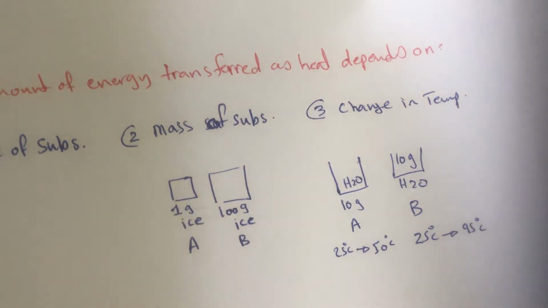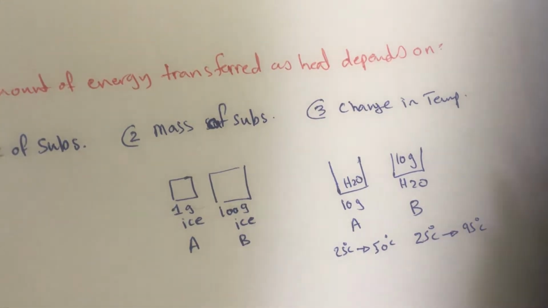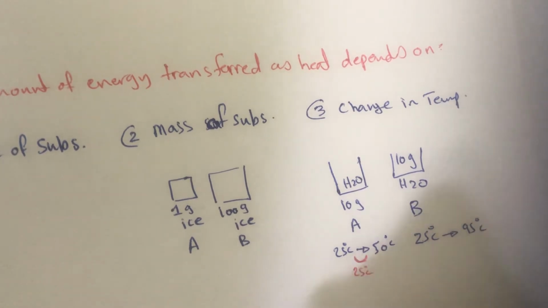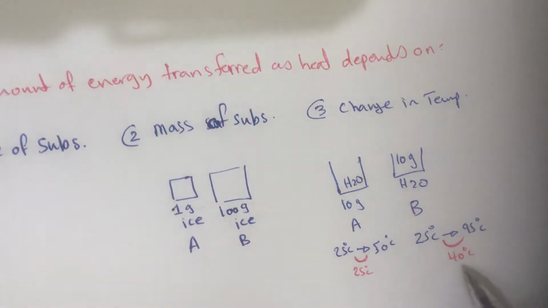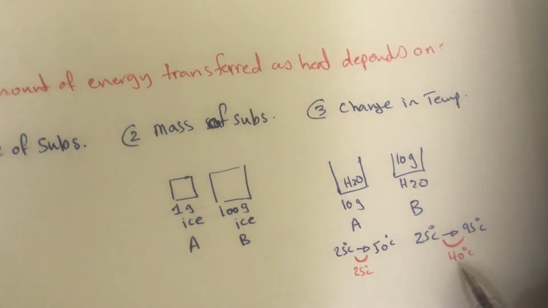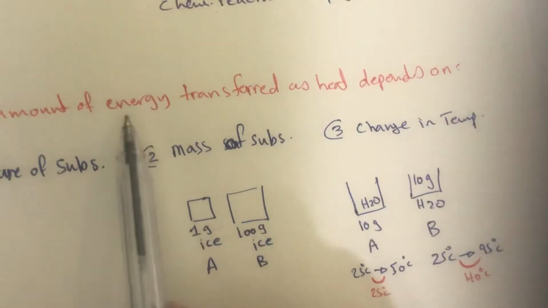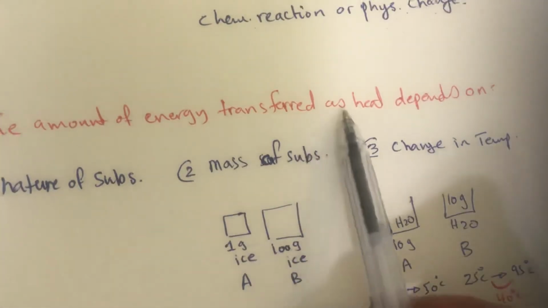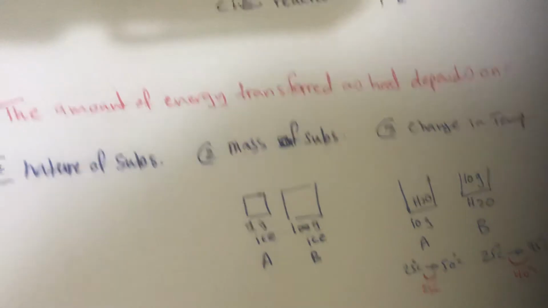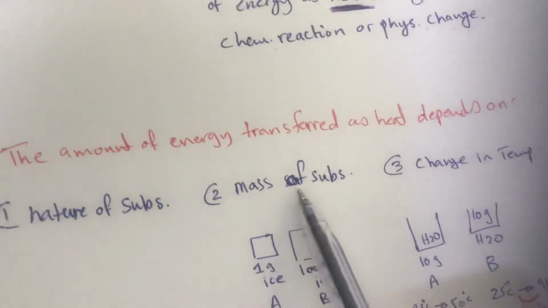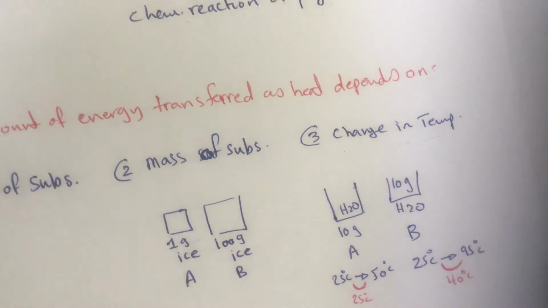So which of these needs more energy? If you want to increase the temperature by 25 Celsius, or if you want to increase the temperature by 40 Celsius? So here, you need more energy to increase the temperature from 25 to 95. So energy transferred as heat depends on the change in temperature.